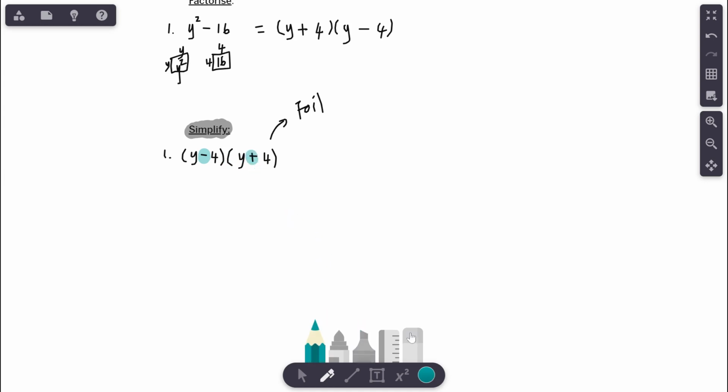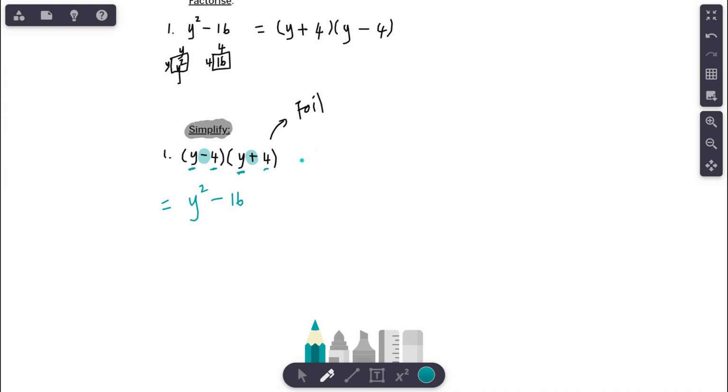So that would be the result of a difference of two squares. And then I know that the expression that would have been factorized to look like that would have been y squared minus 16, because it would be the first term in each bracket squared, and the second term in each bracket squared.